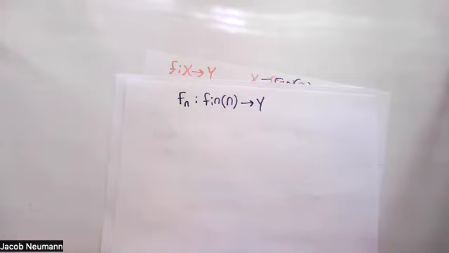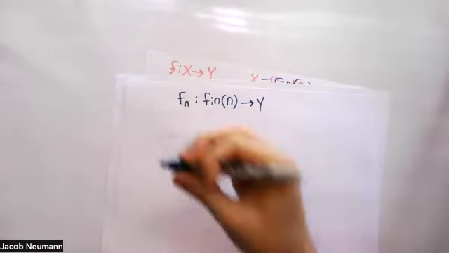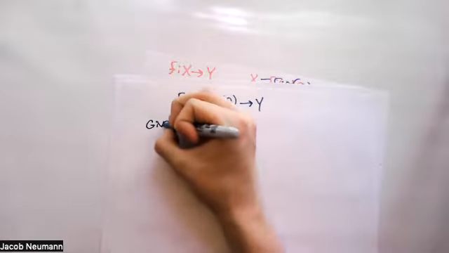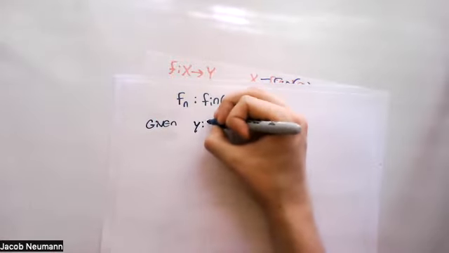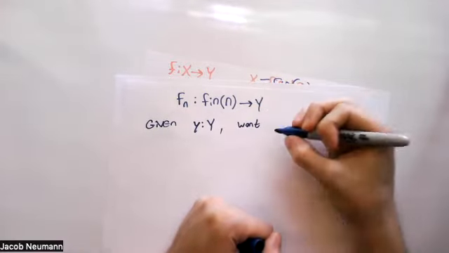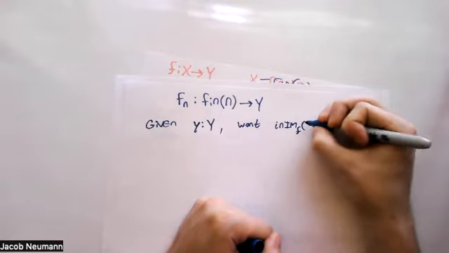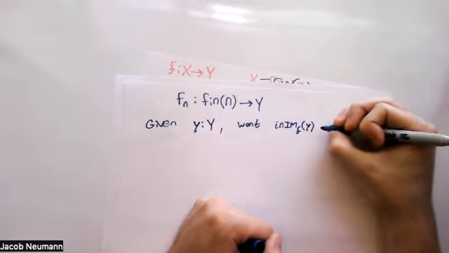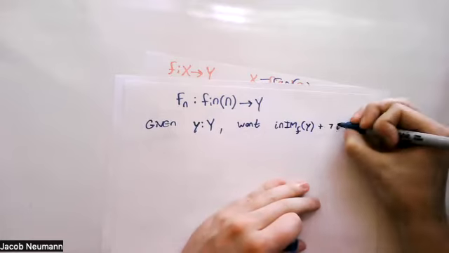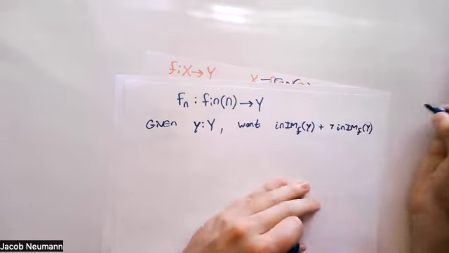Okay, so now I'm going to break into cases. I want to prove this given an arbitrary y in y: in the image of f at y or not in the image of f at y.